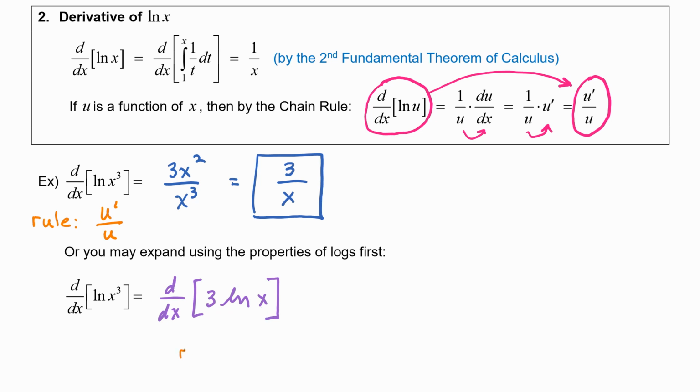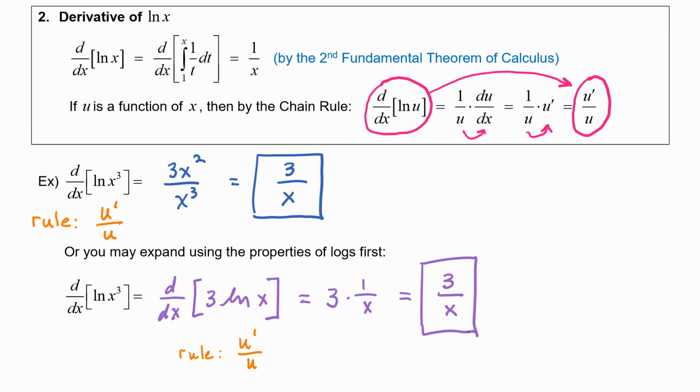Now, if we apply the rule of u prime over u to this function, natural log of x, we are going to get that constant 3 times 1 over x, because the derivative of x, our u prime, is equal to 1, and u is just x, that's what goes in the denominator, and then this becomes 3 over x, the same thing that we got before.